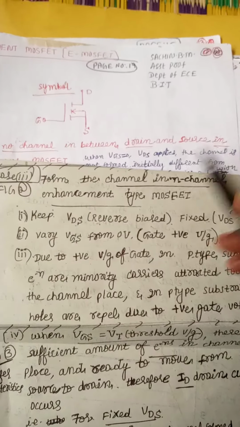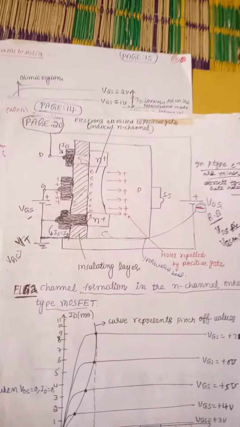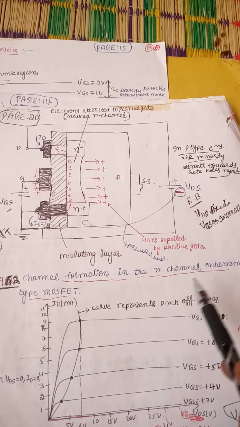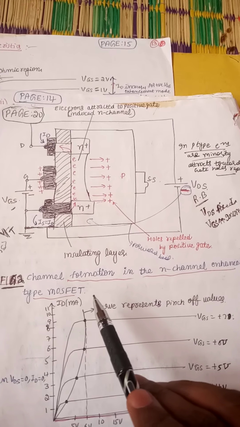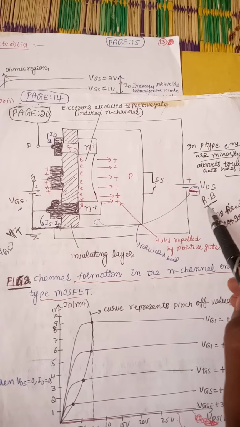Then for case 3, you have to form the channel. In order to form the channel, you have to refer to figure 2. This is figure 2, channel formation in the N-channel enhancement type MOSFET. In order to form the channel, drain to source voltage you have to reverse bias.